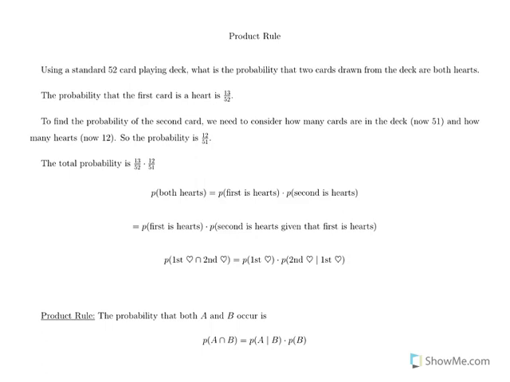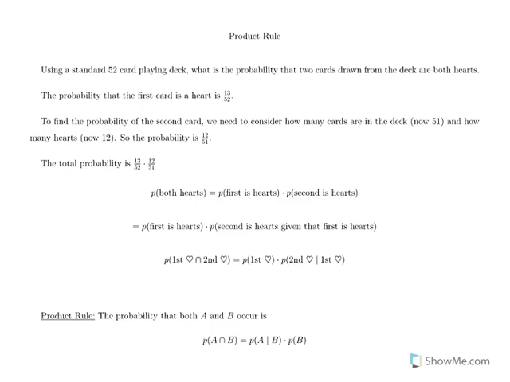So now there are only 51 cards in the deck, and there's only 12 hearts because we took one of them out. So the probability here is going to be 12 over 51. So that's our answer. We could probably have gotten it before this idea of conditional probability, but let's think about it in terms of conditional probabilities.